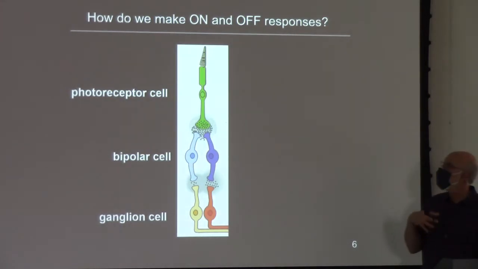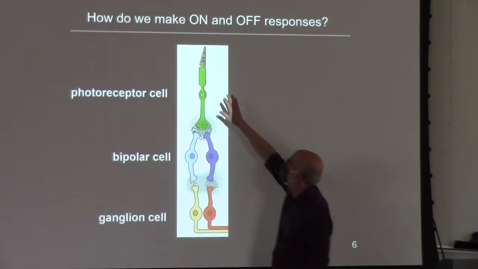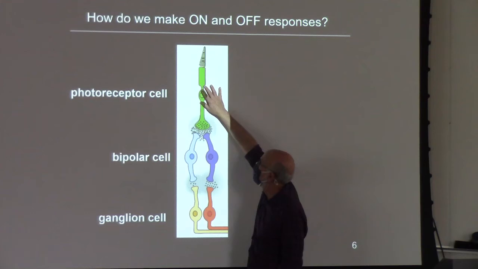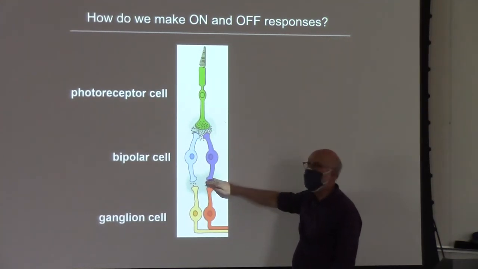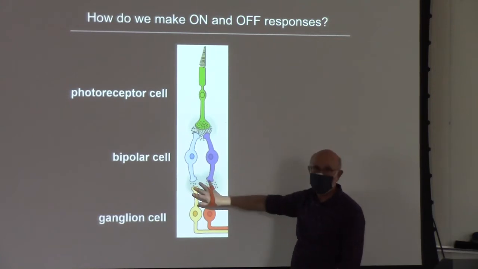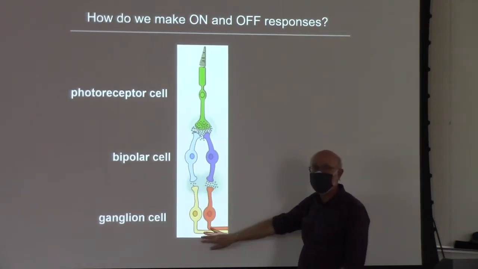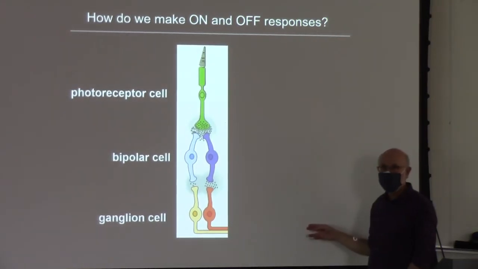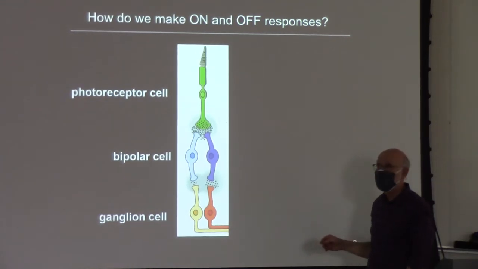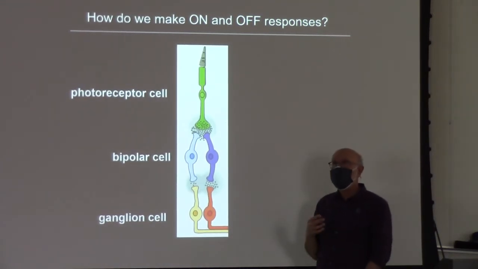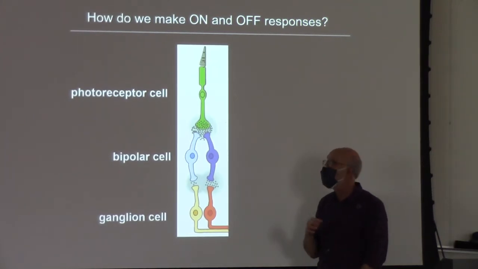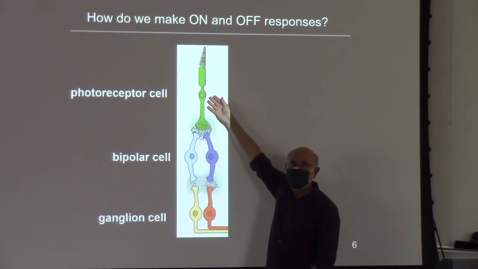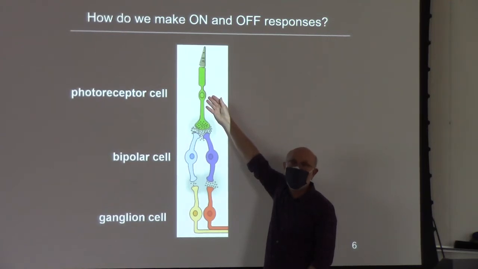Okay. Everybody with me? Photoreceptor cell, neurotransmitter release, bipolar cell, neurotransmitter release, ganglion cell, action potentials. Let me tell you the commonalities here. Photoreceptor cells hyperpolarize in response to light.